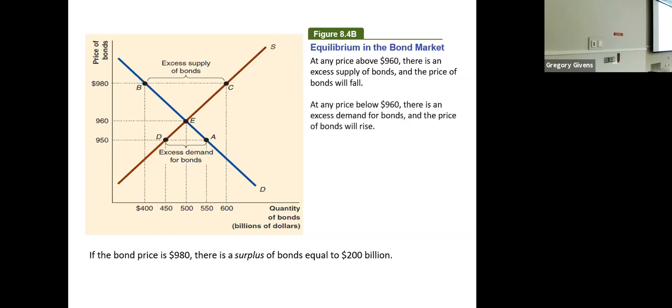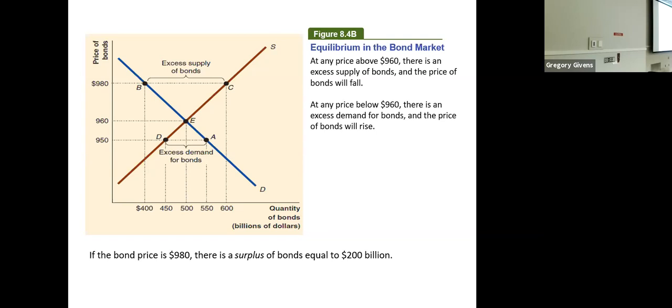Any price below the intersection point here, you get exactly the opposite situation. Here at $950, we have a demand for bonds equaling 550 billion, but a supply of only 450 billion. So there is an excess demand or a shortage of bonds in this market in the amount of what, $100 billion worth?